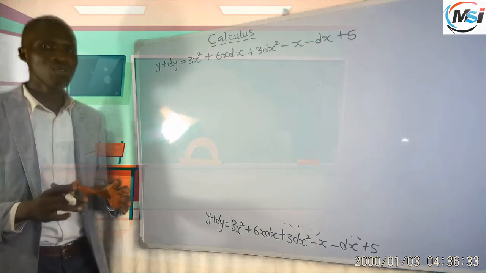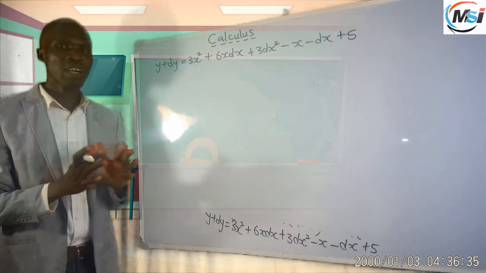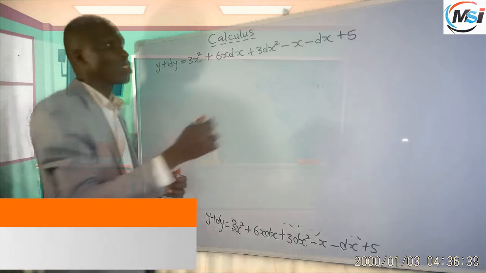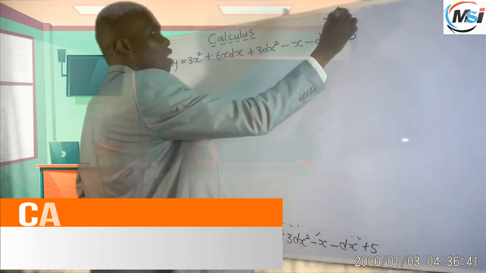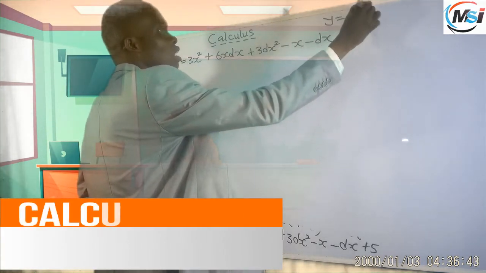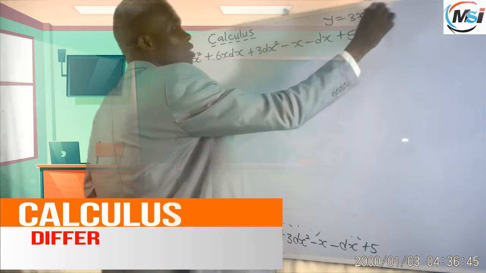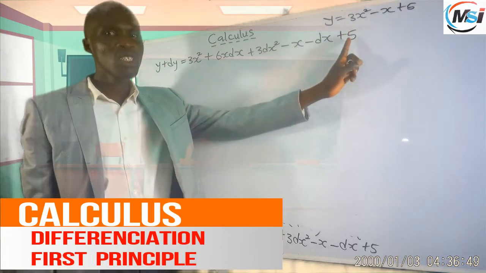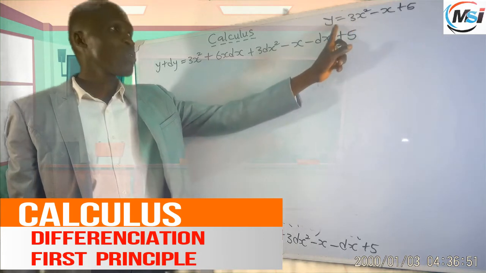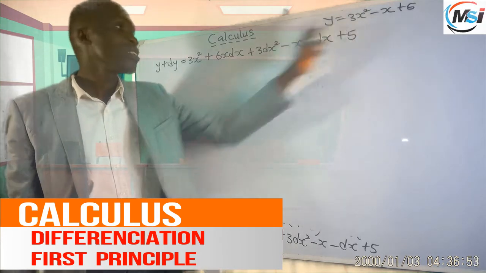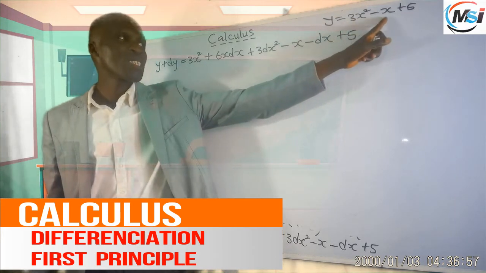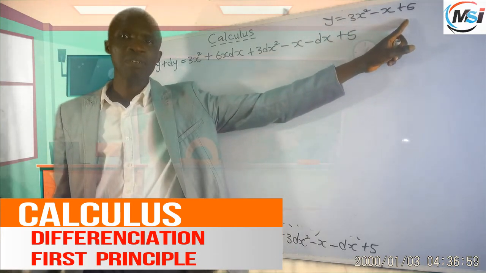Now we need to go back to our question. The question given to us is y equals 3x squared minus x plus 5. This is the question given to us. So wherever we see y here, we replace it with what? 3x squared minus x plus 5.